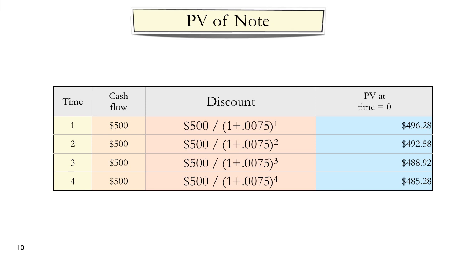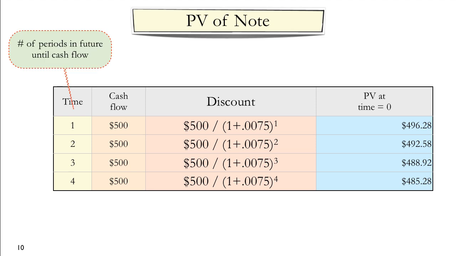Since we're looking at the note payable, this gives us an opportunity to review present value concepts, and probably one way of seeing how to value the note is to create a table of present values.